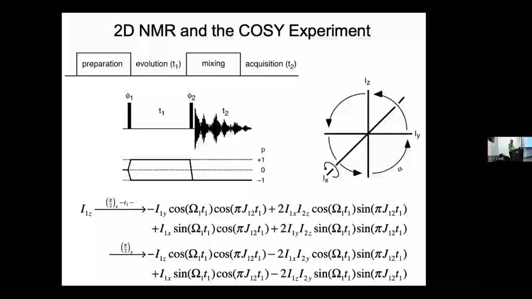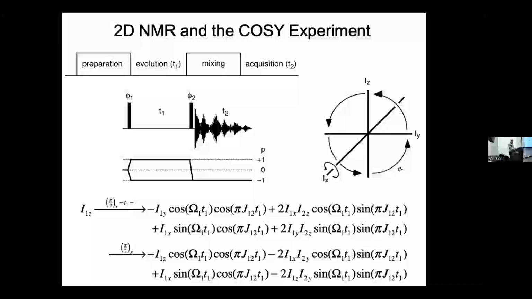IY is 1/2i, I plus minus I minus, and 1 divided by i is equal to minus i. So we could write that signal as i times I minus. And that factor of i means that the signal is 90 degrees out of phase relative to the IX signal.